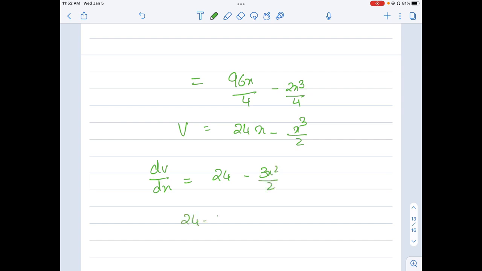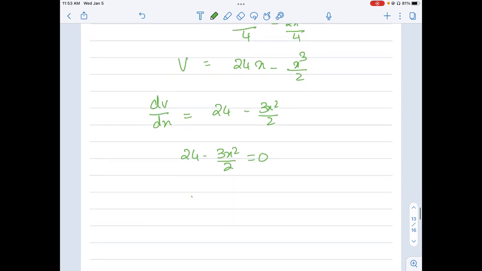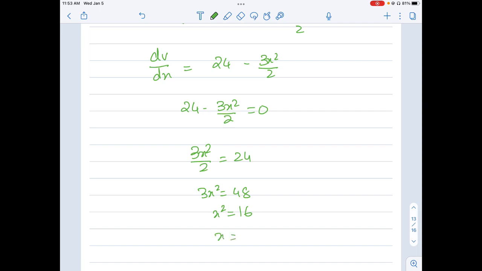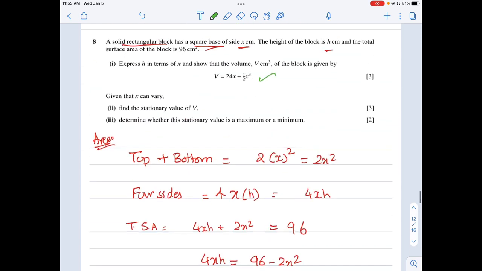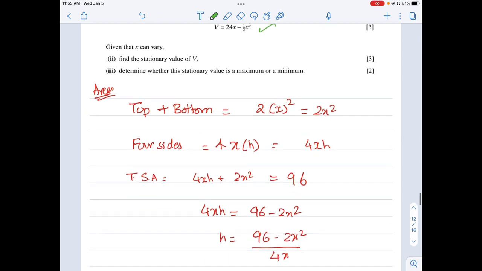At a stationary point, this should be equal to 0. So 3x square upon 2 is equal to 24. 3x square equals 48. X square is equal to 16. X is equal to positive or negative 4, but the side cannot be negative, so I take the value of x as only positive 4. Stationary value of v.